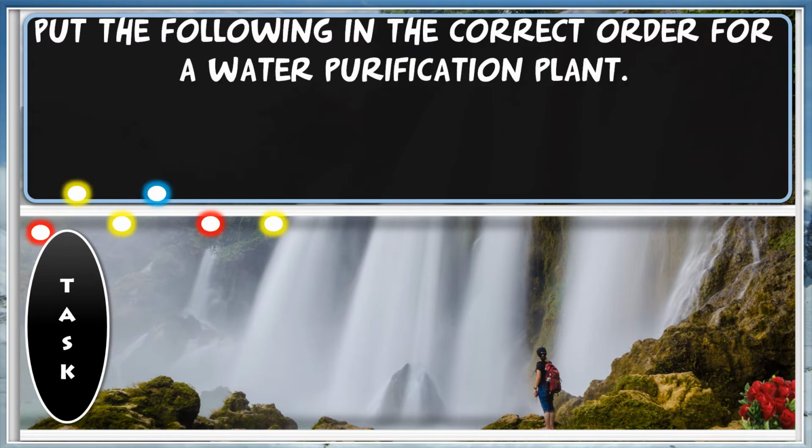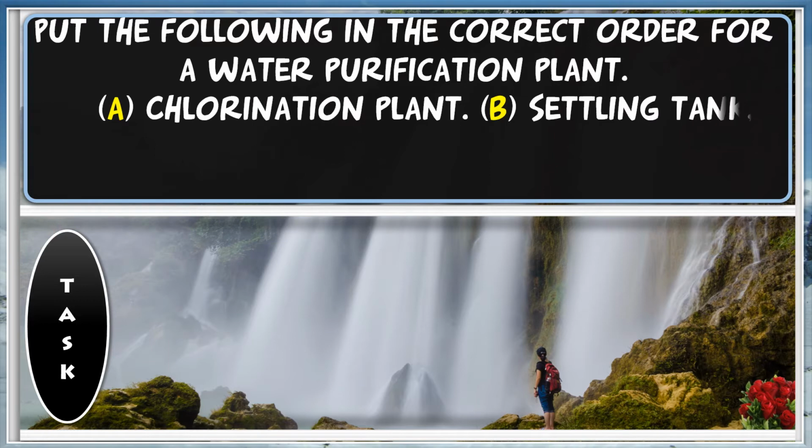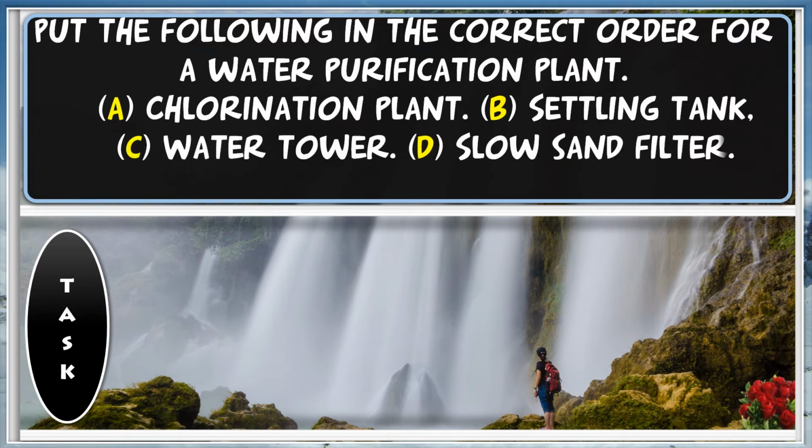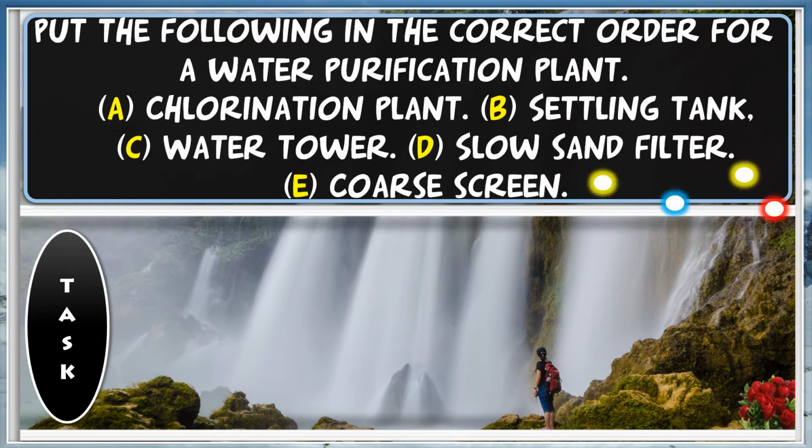Put the following in the correct order for a water purification plant. A. Chlorination plant. B. Settling water. C. Water tower. D. Slow sand filter. E. Coarse screening.